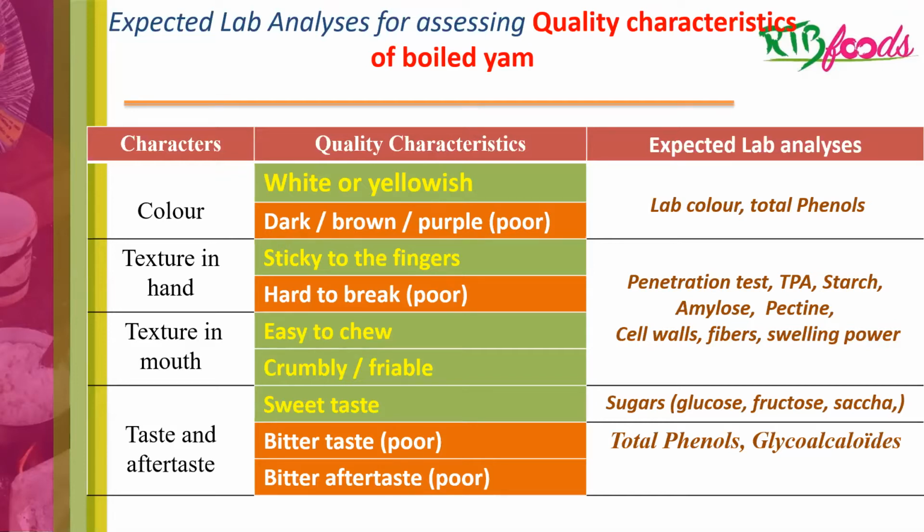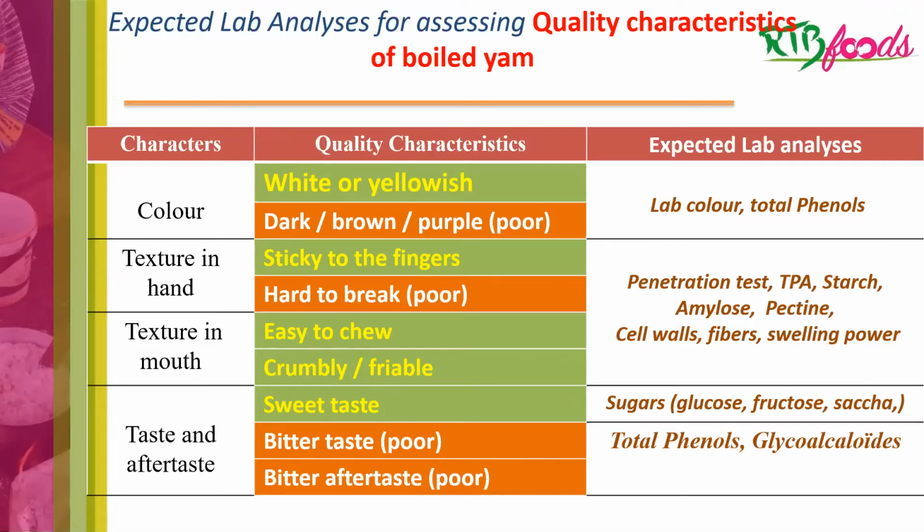We think about penetration test, TPA, starch, amylose, pectin, cell wall, fiber, and swelling power. And for taste and aftertaste, for sweet taste, we find about HPLC, sugar, and for bitter taste and bitter aftertaste, we think about polyphenol and glycoalkaloid.